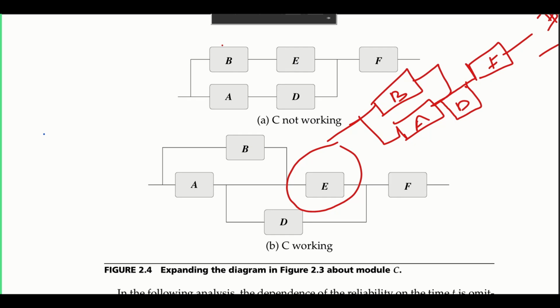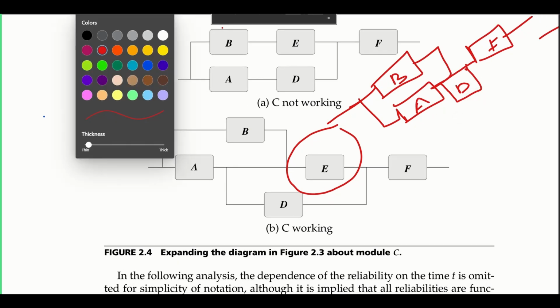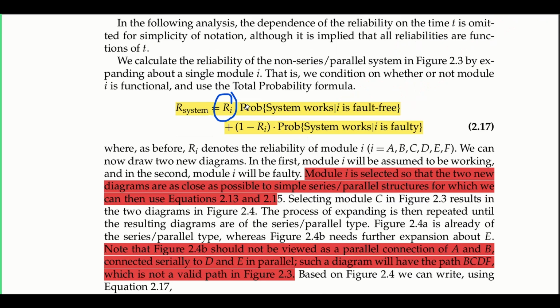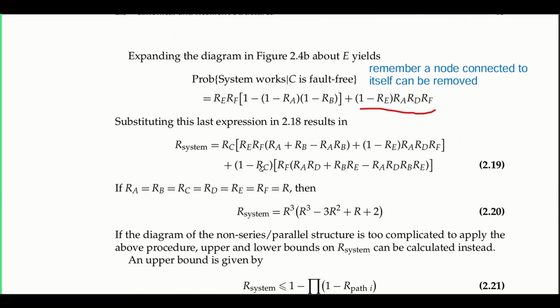When you remove it, you end up with something like this. And now this is a system you can solve. B is in parallel with A, which is in series with F. So realize that you get this, as is shown here, that B is in parallel with A, which is in series with F.